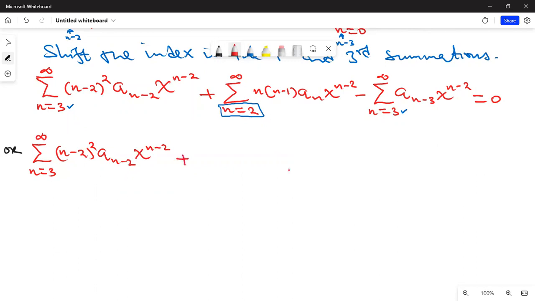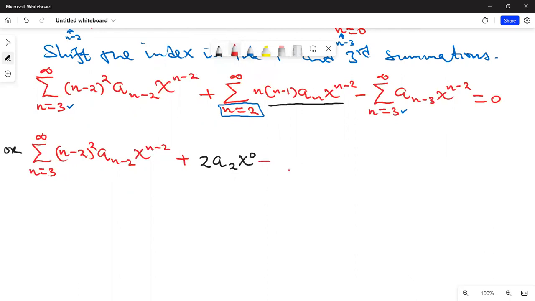When I put n is equals to 2 here, everywhere you see n, put n is equals to 2. What do we get? We are going to get 2 times 2 minus 1. That's 2 times 1, which is 2. So I'm going to get 2 times a2 times x raised to 0. That's when n is equals to 2.